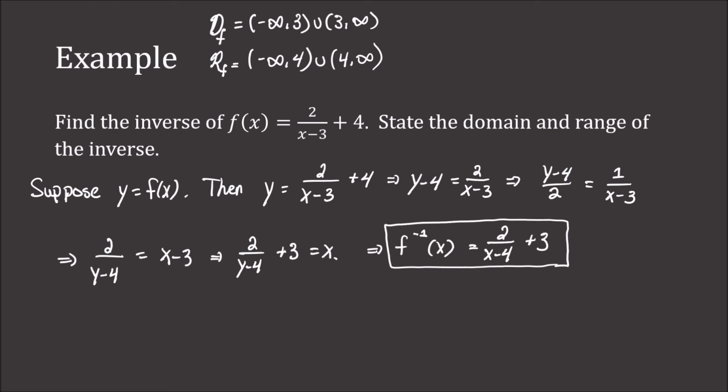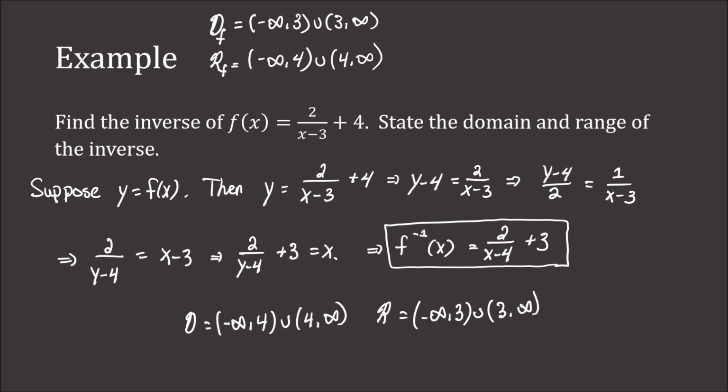The domain of the inverse function is the range of the original function. So it'd be minus infinity to 4 unioned with 4 to infinity. The range of the inverse function is the domain of the original function. So you can see that in order to find the inverse of a given function, first just verify that it's 1-to-1.